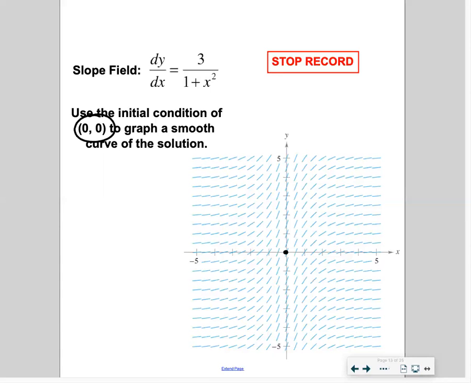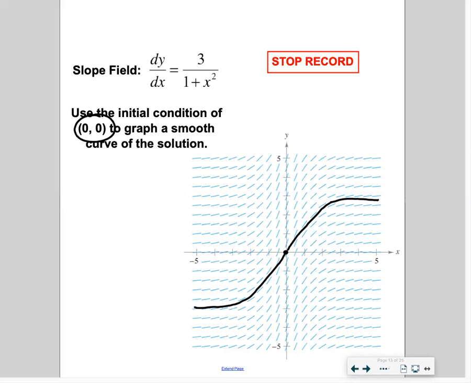And then to sketch the curve, think of this as like the wind pushing you. You don't want to cross over these. You just let it push you in that direction. So in this case, I would go in this alley here, and then I wouldn't want to cross over these, but the wind would flatten me out and push this way. And then you do the same thing in the opposite direction, going through the alley that it's taking you from there, okay?